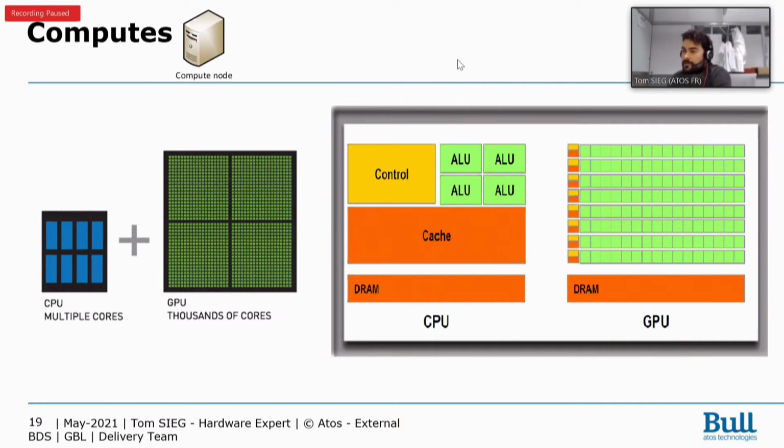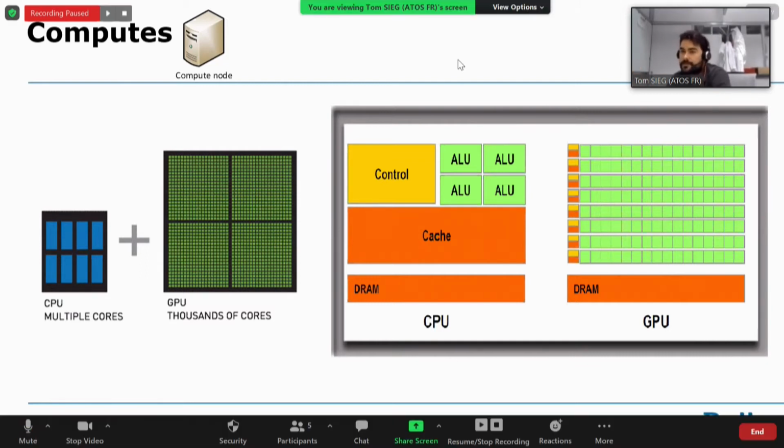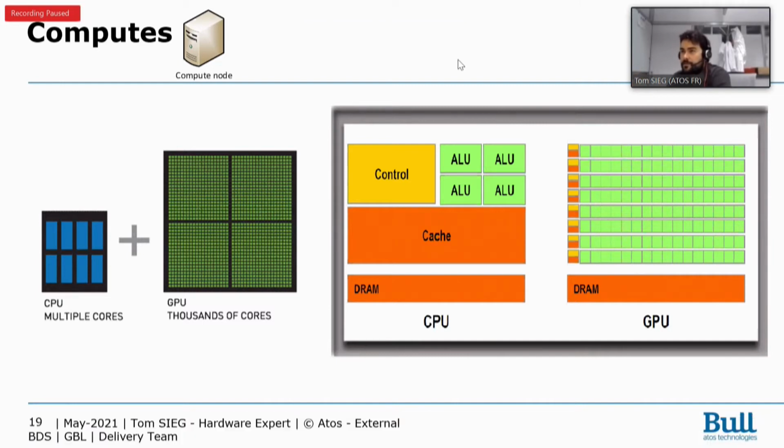And of course, a GPU node contains CPU because a computer, a server, in fact, can't work without CPU inside. So in each compute node, whatever the type, you will have CPU and memory. After that, you will be able to put a more powerful CPU, big memory, or GPU inside.